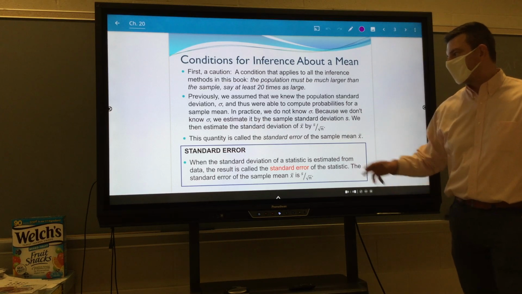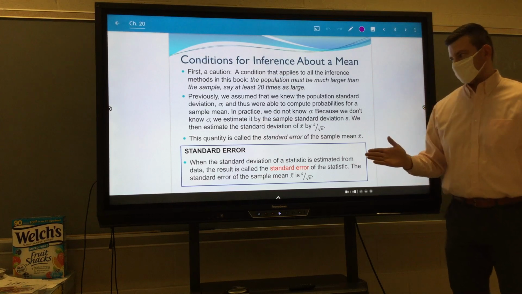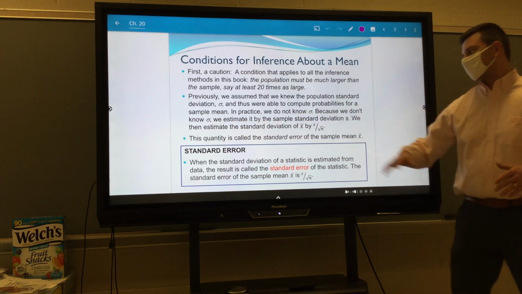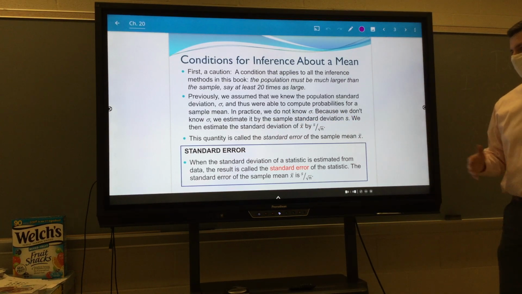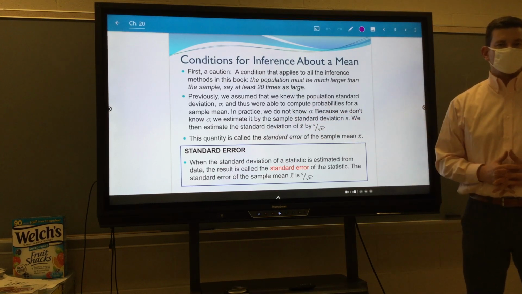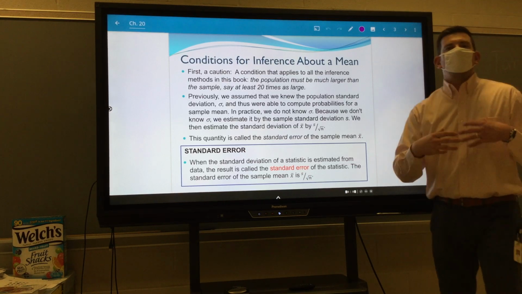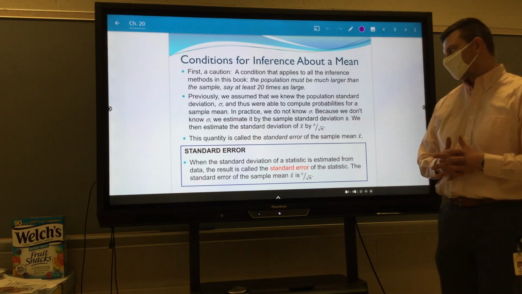Now, it's previously assumed that we knew this population standard deviation, and therefore we were able to compute probabilities for a sample mean. But in practice, we never know that population standard deviation, okay? Or it would be incredibly a special case that we would know that.